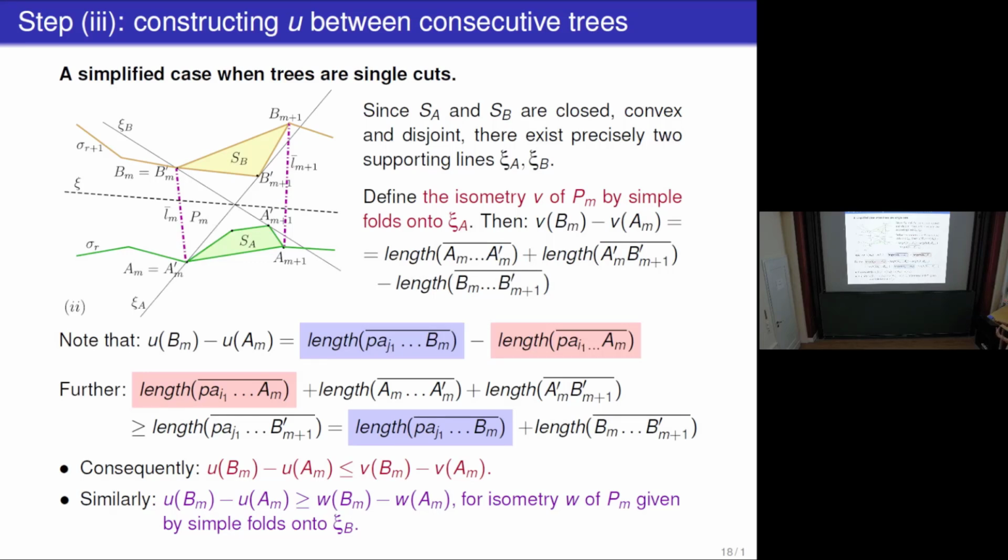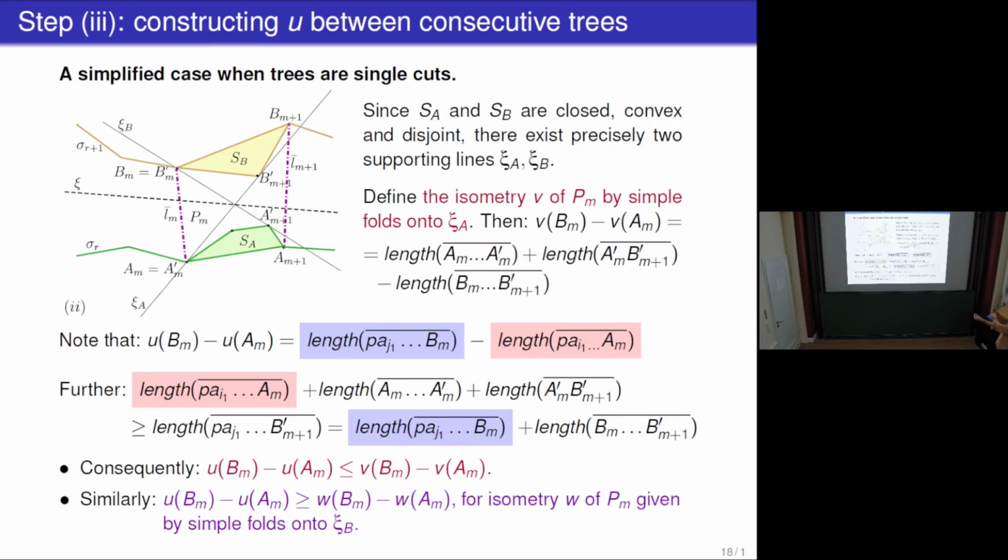Okay? So I have already, by inductive procedure, constructed the isometry on all the pieces from P, which is somewhere here, up to this cut. So you see, I have rectified sigma r from P up to this point, and I have rectified sigma r plus 1 from P up to this point.